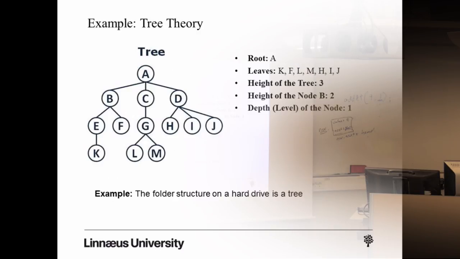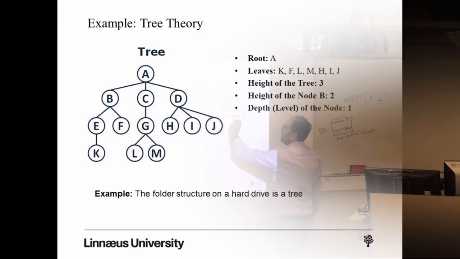If we want to find the height of node B, it is measured from its leaf to that node, and we find the longest path from the leaf to that node. In that case, the height of node B will be 2.